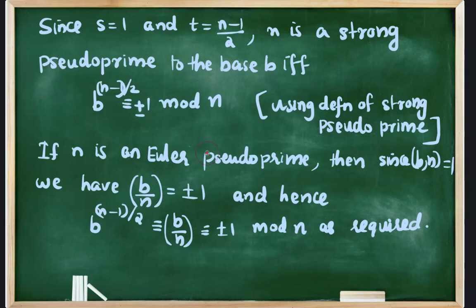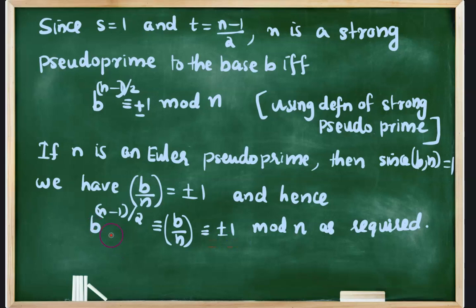Now, let us consider the case when n is an Euler pseudoprime. Then, since b and n are relatively prime, that is, since the GCD of b and n is equal to 1, we will have the Jacobi symbol (b/n) equal to either plus or minus 1, and hence b raised to (n-1)/2 will be congruent to the Jacobi symbol (b/n) using the property of the Jacobi symbol, and that is congruent to plus or minus 1.